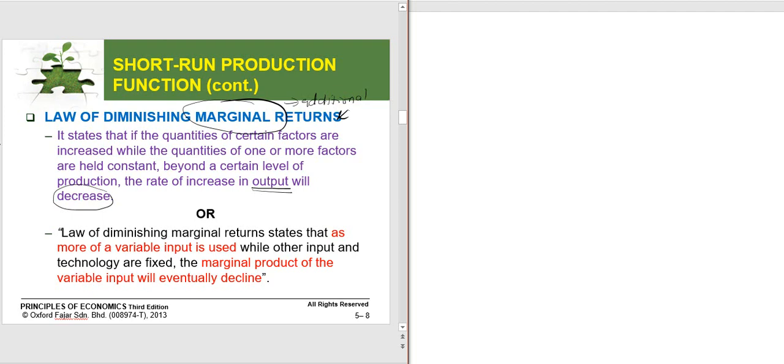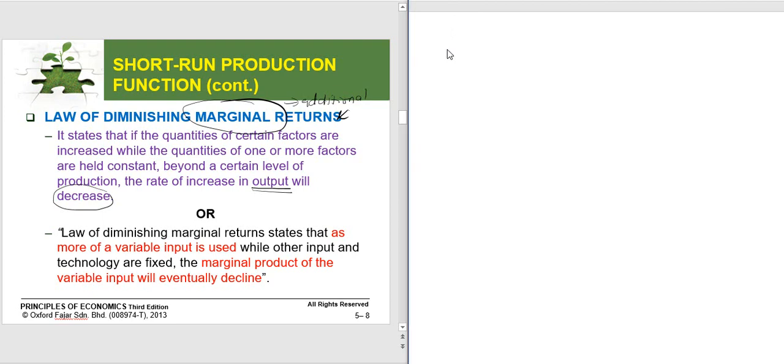So you can imagine a situation, for example, let's say you go to KFC. KFC has a certain building, and the building is fixed. For example, the kitchen. So the kitchen area is fixed. The number of ovens and the number of other equipment are the same, but the number of labor keeps increasing. So what will happen is the kitchen will be overcrowded.